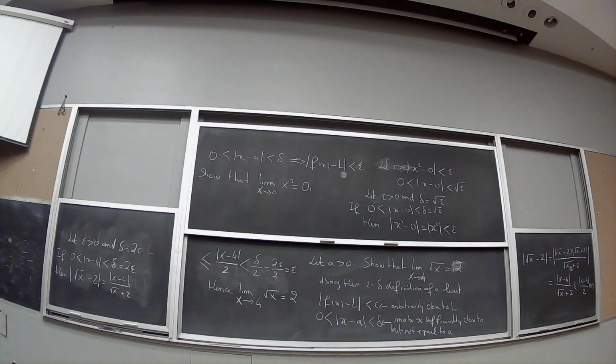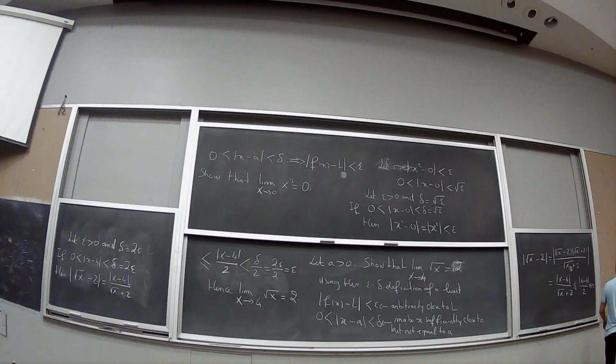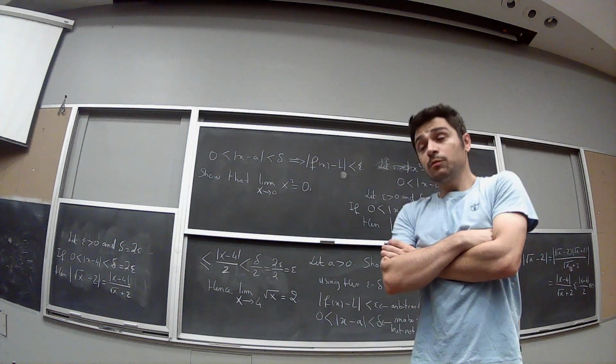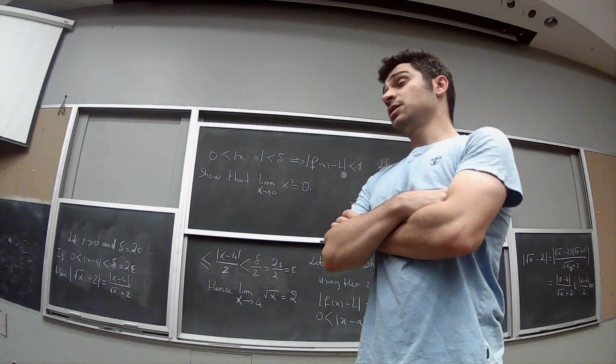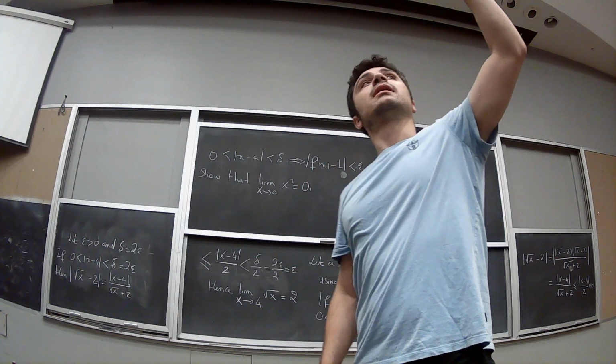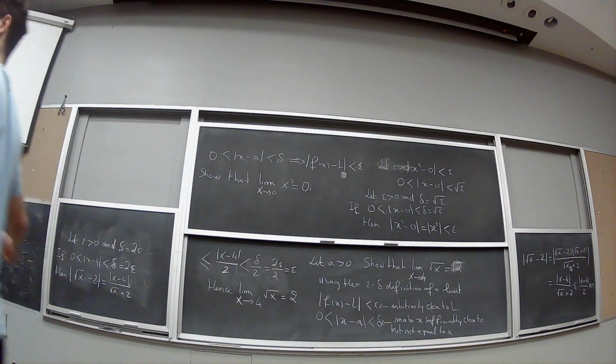Let's see. If delta is equal to epsilon, yeah, sure. Delta is not unique, right? Delta could be epsilon.